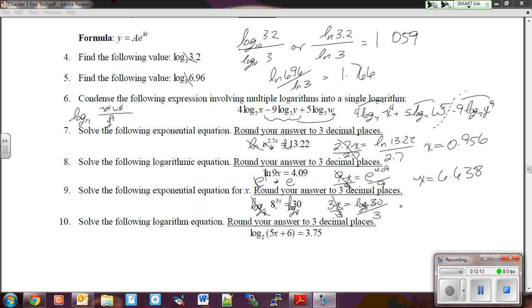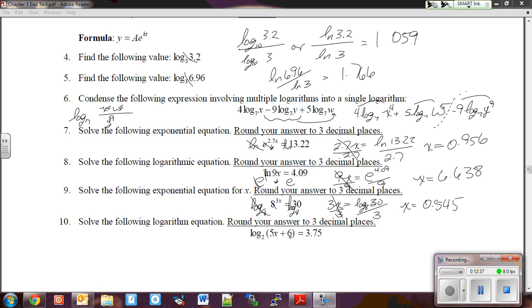Now, this is not the log base 8 of 10, because the 30 and the 3 were not reduced to 10. It's the log base 8 of 30 divided by 3. All right, so now take the log base 8 of 30 and then divide that by 3. And that will give you 0.545.